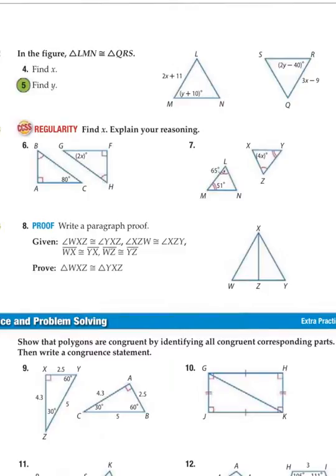Okay? And it's part of the side that goes from L to M. Okay? So Q to R should be my other side that matches. So to find X, I need to set those two congruent sides equal to each other.